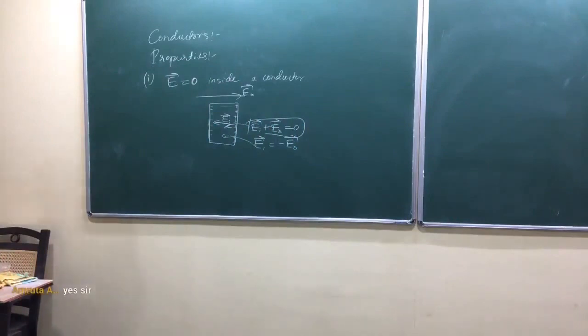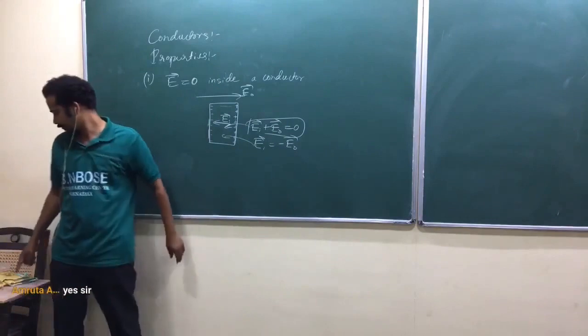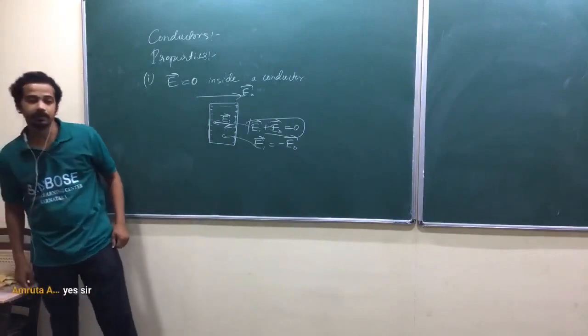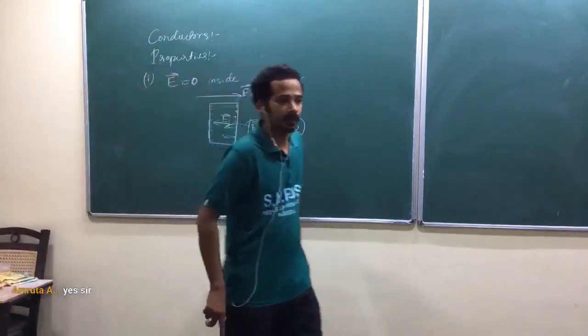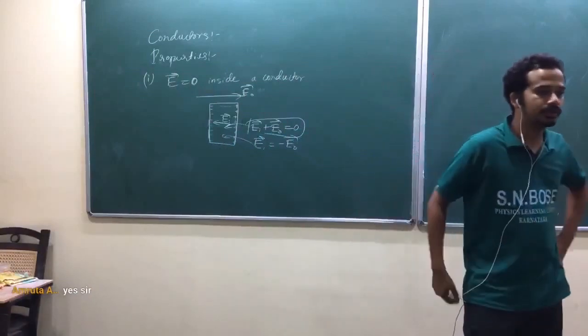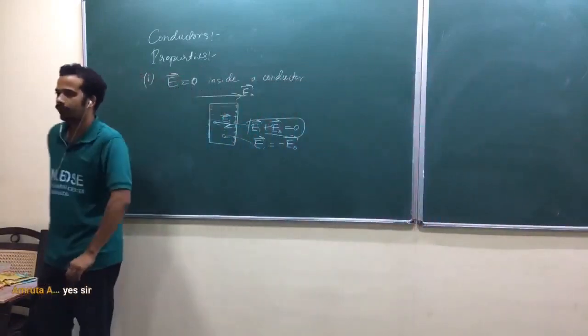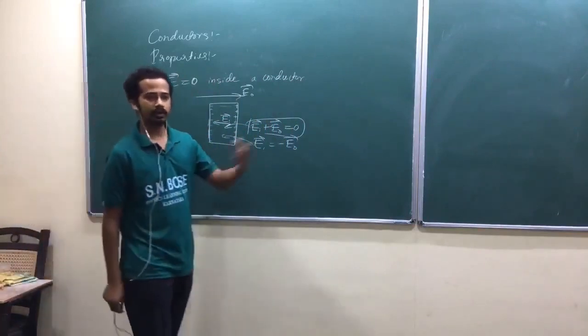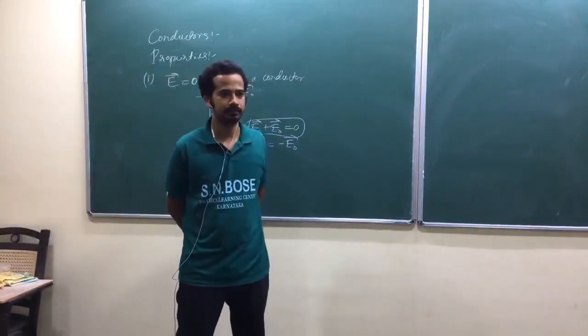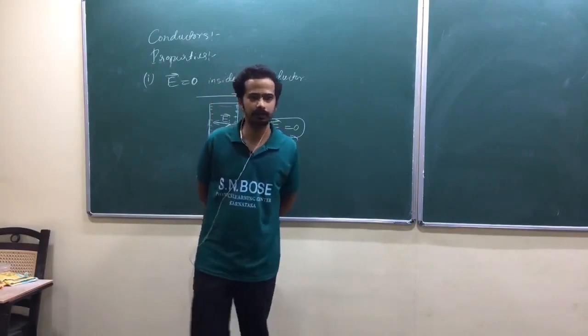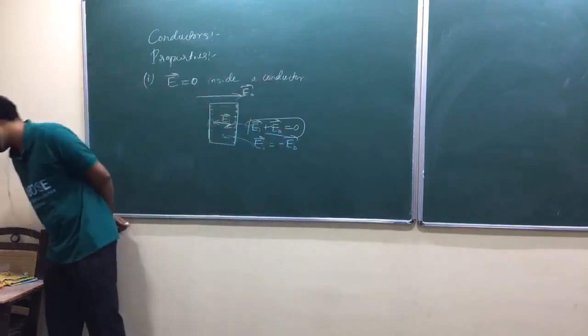Wait a second, let me use Gauss law. What is the sentence? Induced charges will produce an electric field inside which is equal in magnitude and opposite in direction to the external applied electric field. Okay, so that's the best sentence.